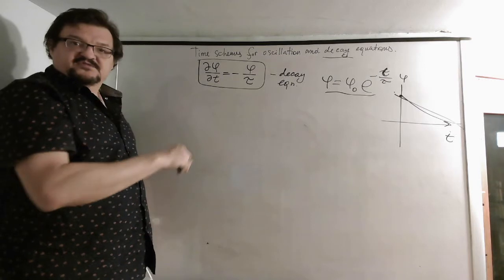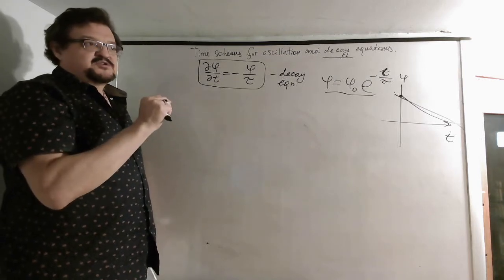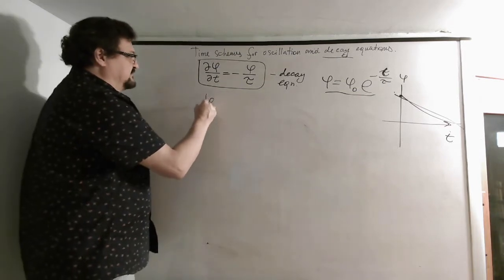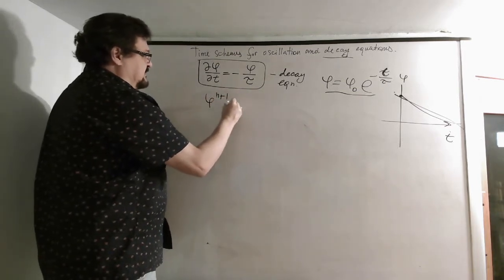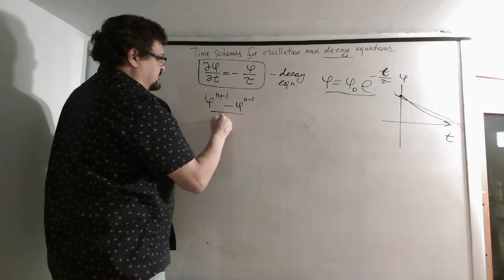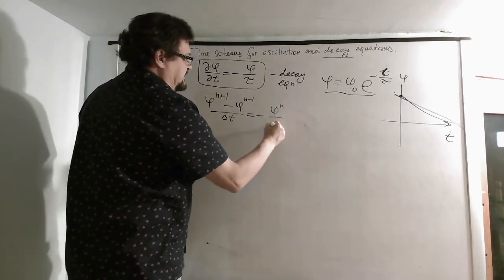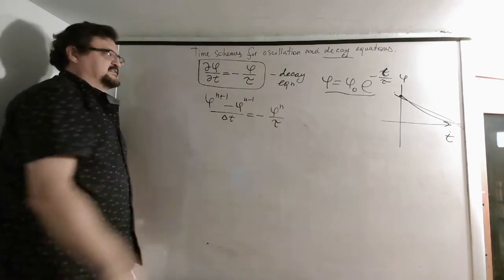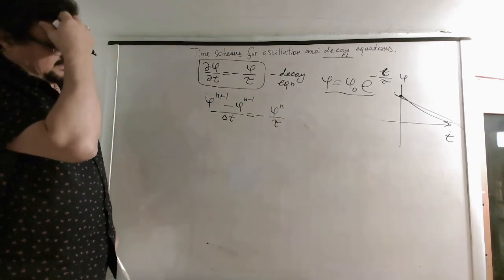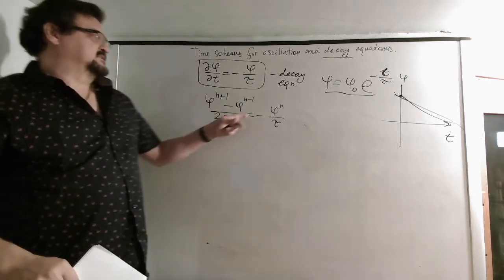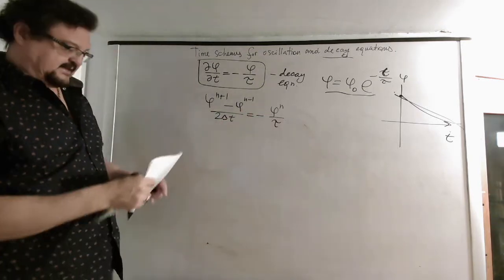So you just add it to the right hand side, and then you evaluate it according to leapfrog scheme on time step n. So let's use leapfrog: delta t equals to minus phi n divided by tau. So now your right hand side is estimated at, of course it's 2 delta t, it's estimated on time step n.